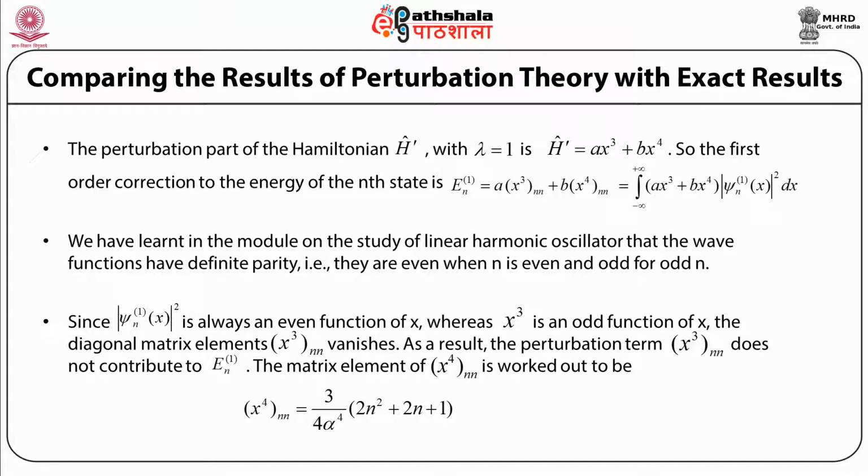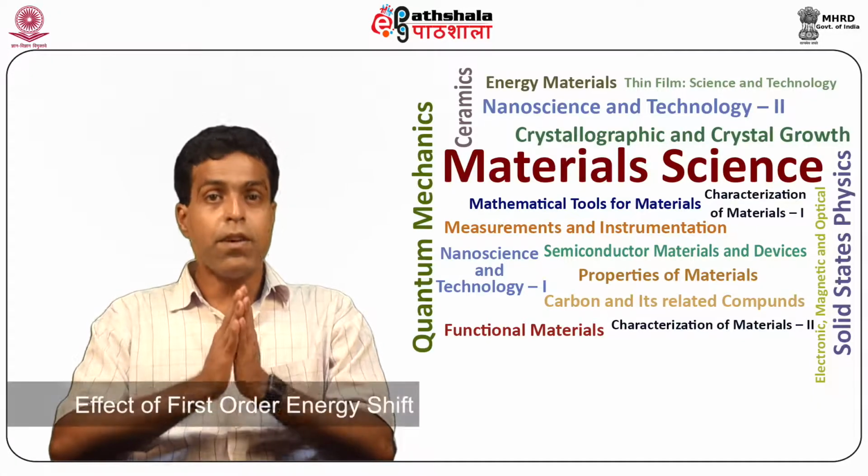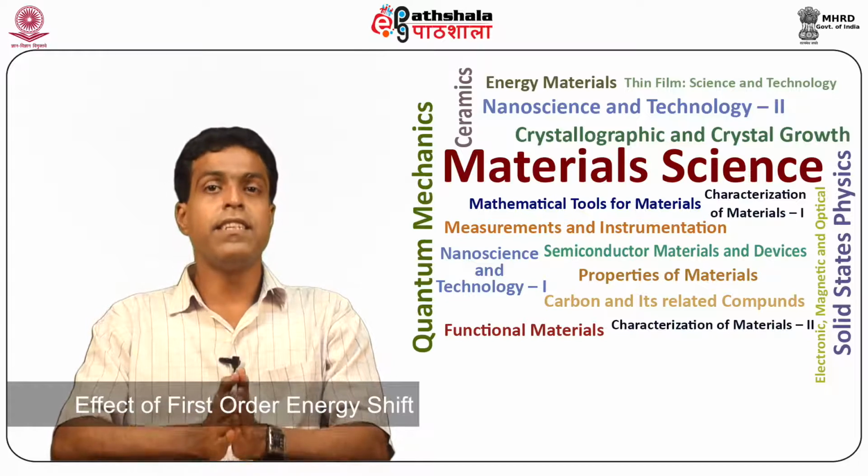The matrix element of x to the power 4, nn, is worked out to be (x to the power 4)_nn equals 3 by 4 alpha to the power 4 into (2n square plus 2n plus 1). Now, the effect of first order energy shift.